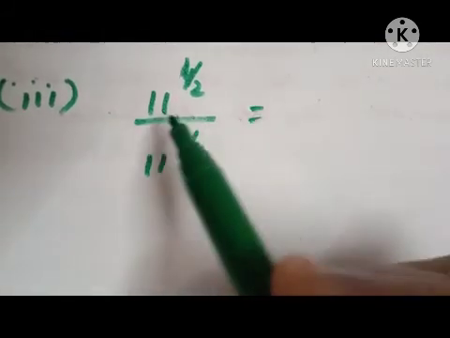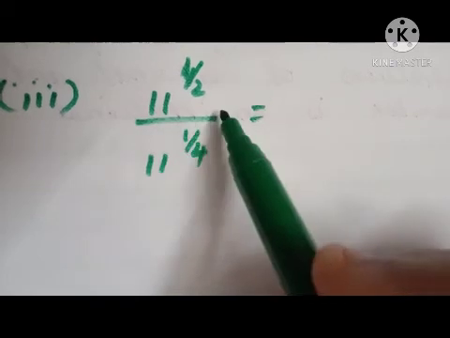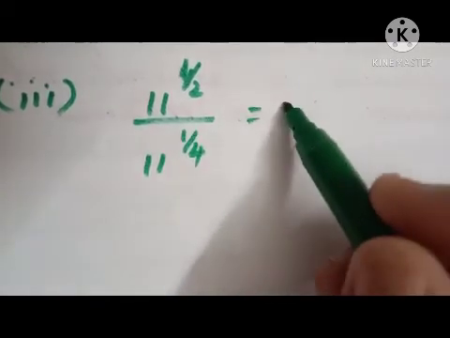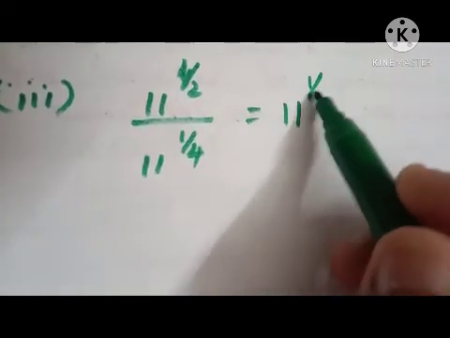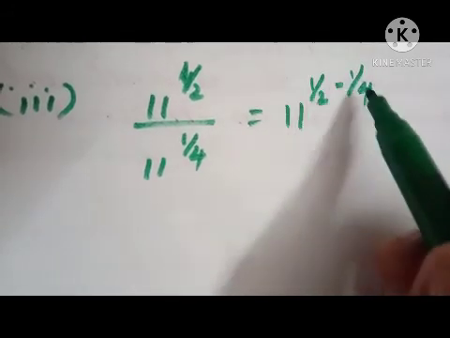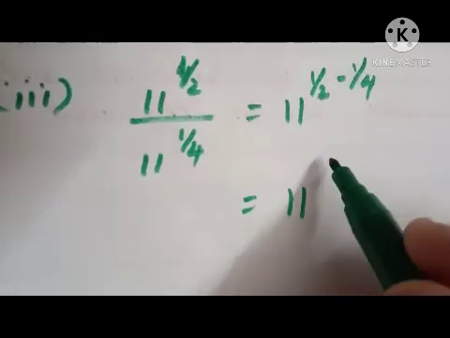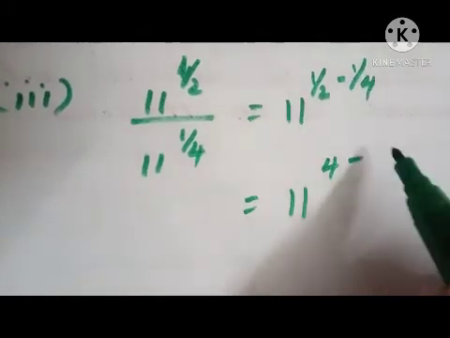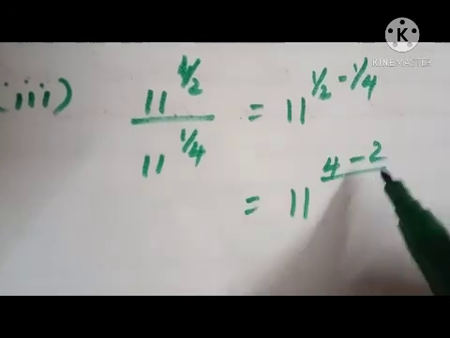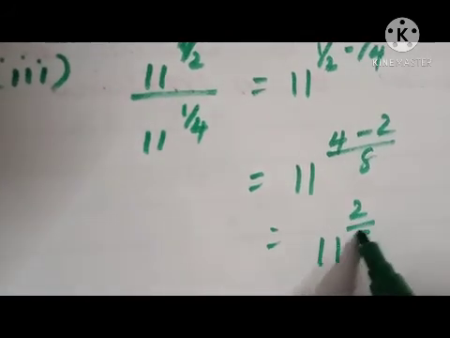Here the bases are same, denominators are different. The operation between them is division. So we have to subtract the powers. So 1 by 2 minus 1 by 4. Then here we can do the cross multiplication. So 11 raised to 1 into 4, 4, minus 1 into 2, 2, by 2 into 4, 8. So that is equal to 11 raised to 2 by 8.